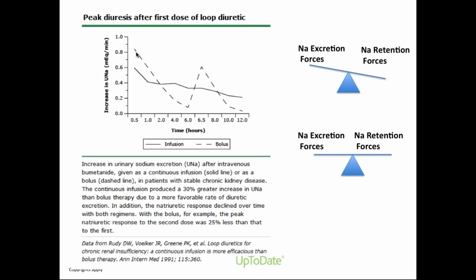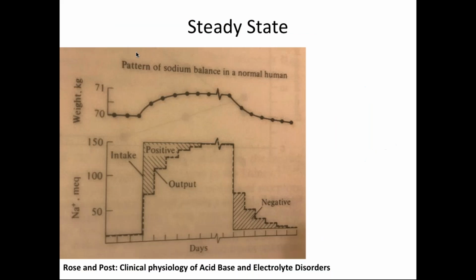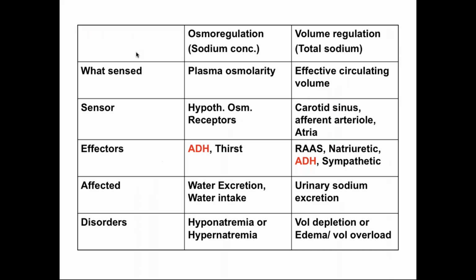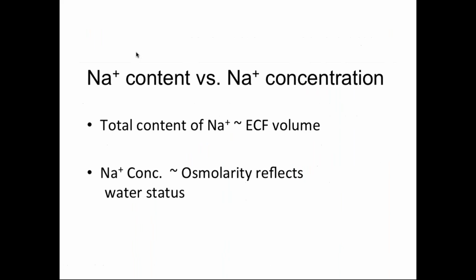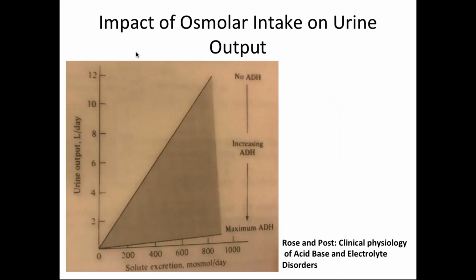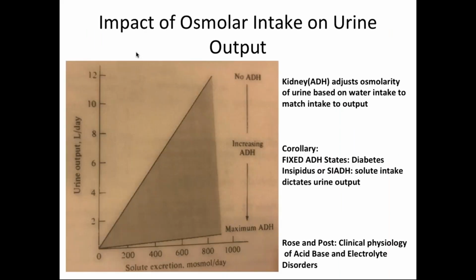Okay, so next question from Dr. Dipankar Sarkar, who asks, how does urea loading help in hyponatremia? Is it practical? So this comes back to this one. What is happening when you give someone who has, let's say, SIADH?